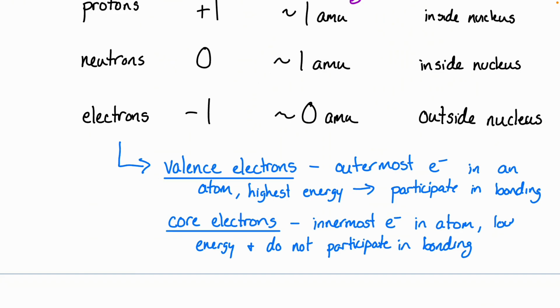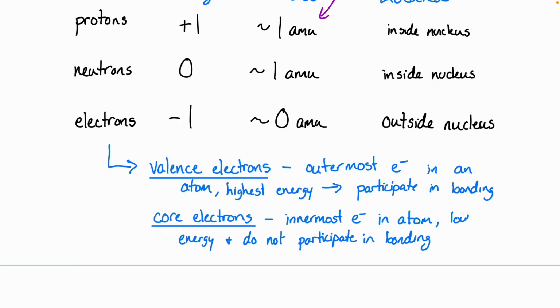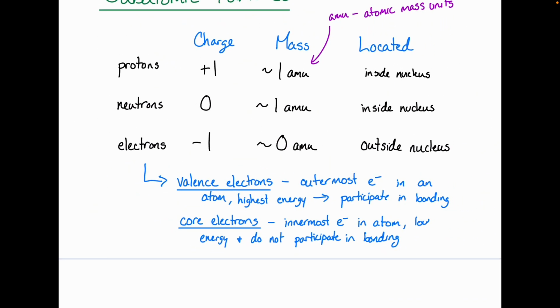Again, those are the outermost electrons, both physically in an atom, but also the highest energy ones that will participate in chemical bonding. It turns out that the electrons in an atom are really what make it interesting. That nucleus, those protons and their neutrons, they don't really do much. They kind of just sit there. All of the chemistry that happens between atoms and molecules occurs in those electrons.